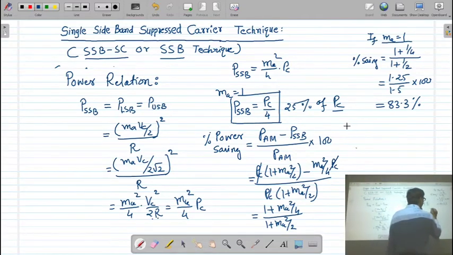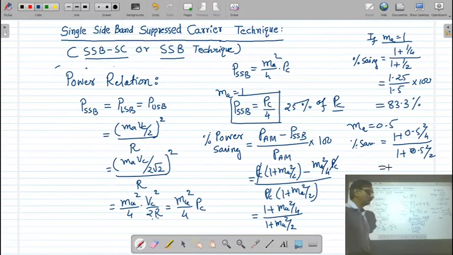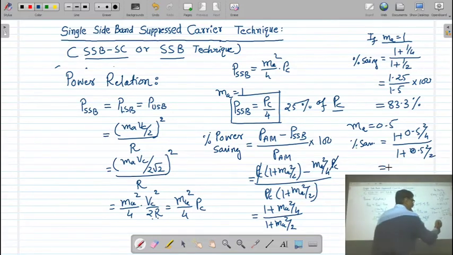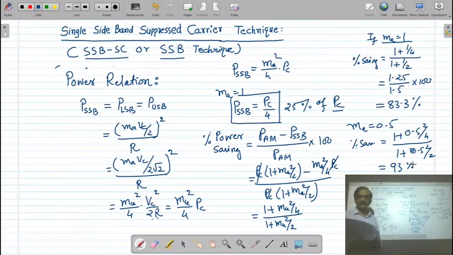Now, same thing if we calculate for mA equal to 0.5, then the percentage of saving will come out to be 1 plus 0.5 whole square divided by 4, divided by 1 plus 0.5 square divided by 2, and this will come out to be roughly 93%. So, as the modulation index is less, the more power saving there will be.